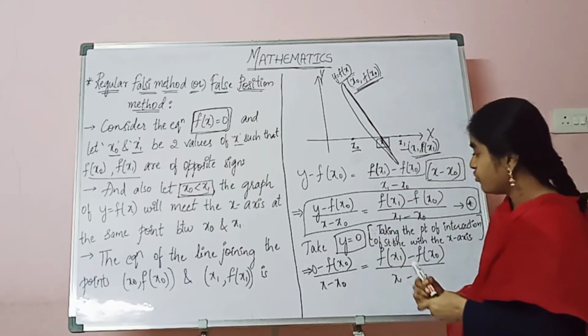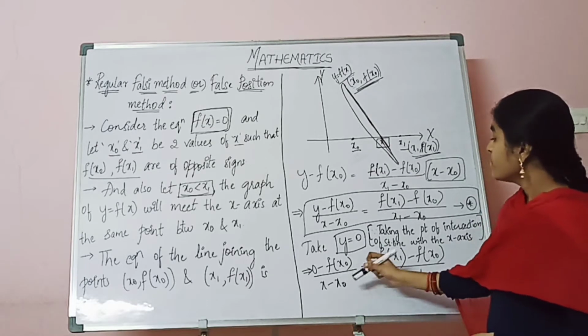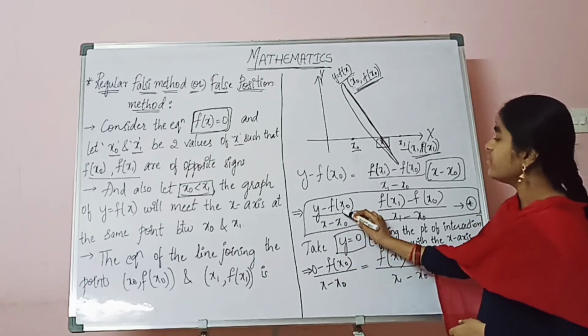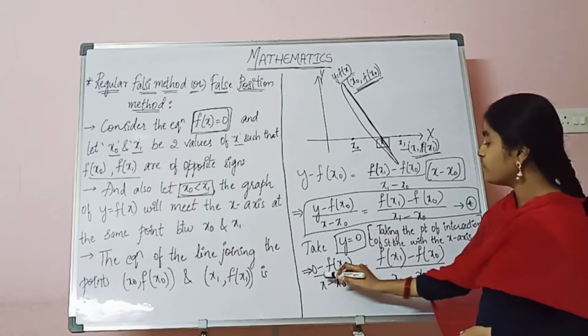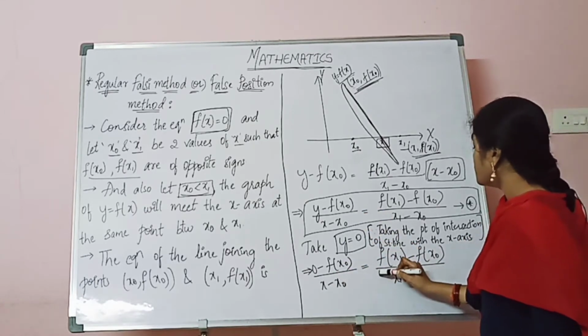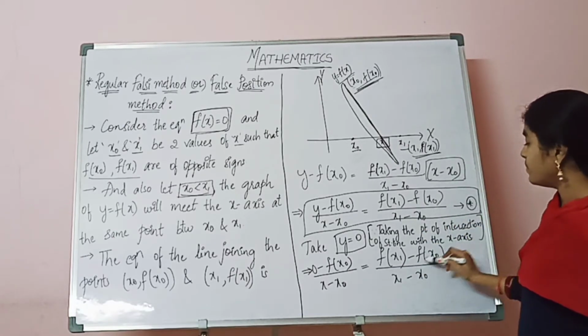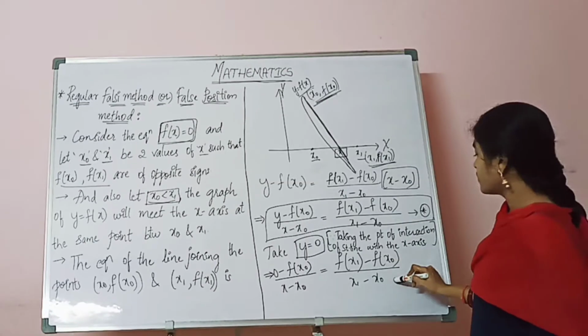So we substitute 0 in place of y: 0 minus f(x0) by x minus x0 equals f(x1) minus f(x0) by x1 minus x0.